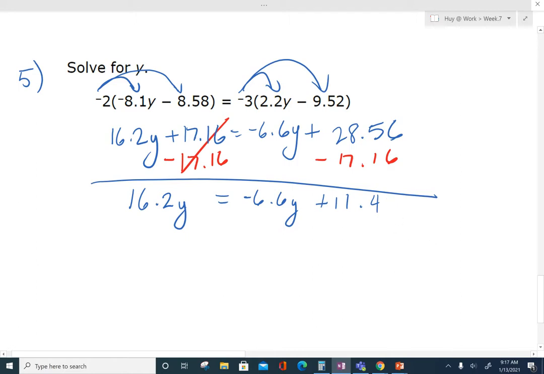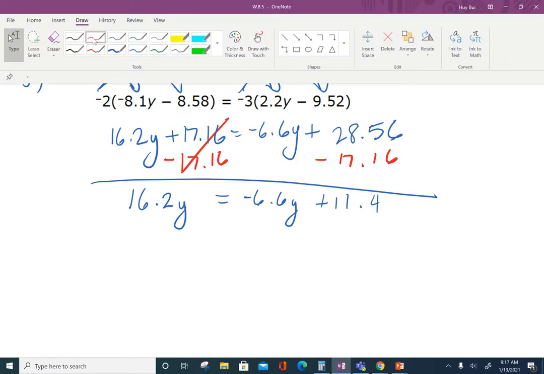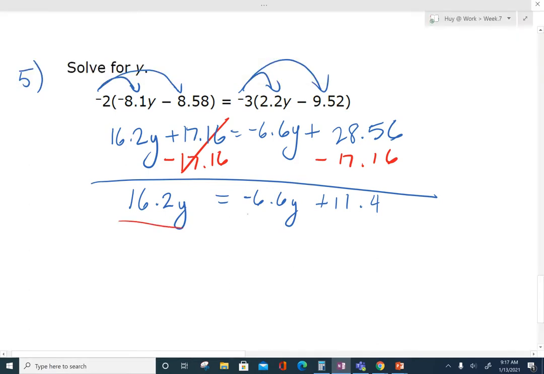All right, so now we have only 3 terms. We have a variable on the left side here, and we have another variable on the right side there, and they're both y's. And then our last term is a constant. I don't think we could do anything with the constant right now, so let's move the 2 variables, okay?